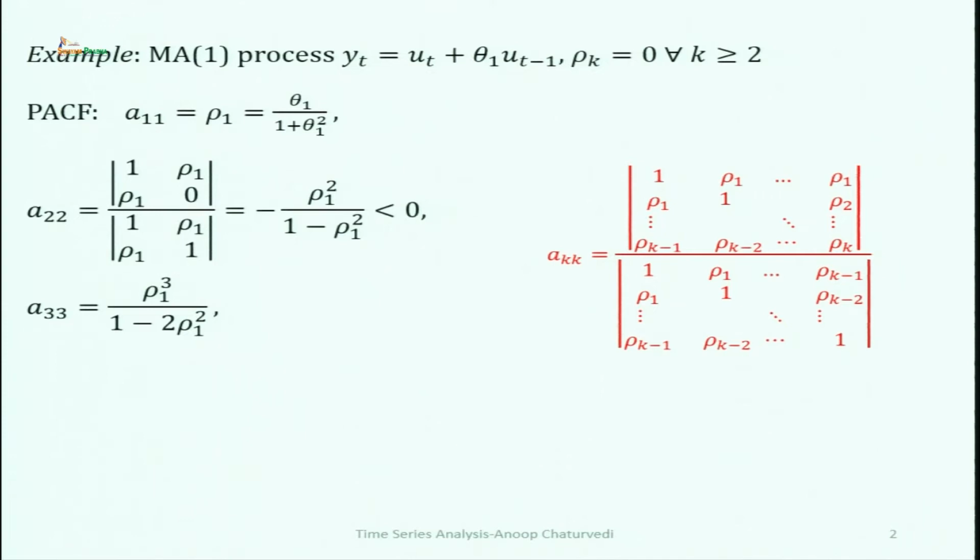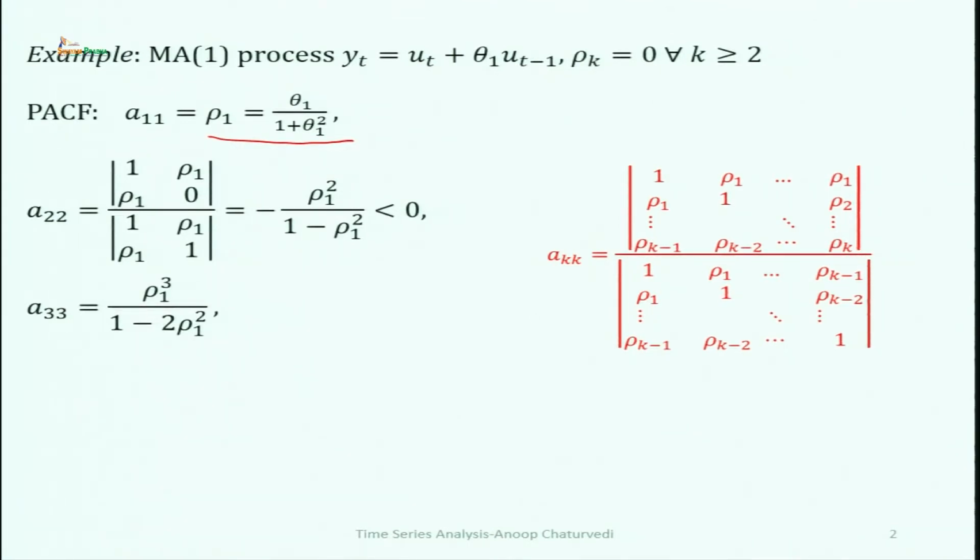So, for the MA1 process, for k greater than or equal to 2, rho k is equal to 0, and for k equal to 1, rho 1 is equal to theta 1 upon 1 plus theta 1 square.